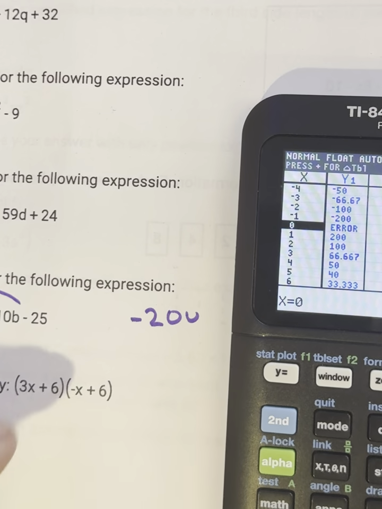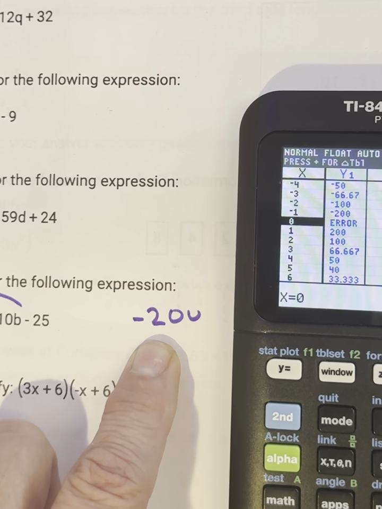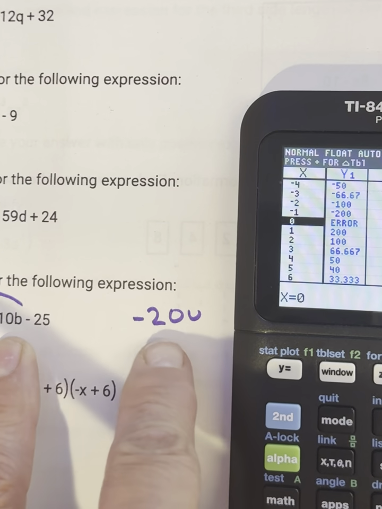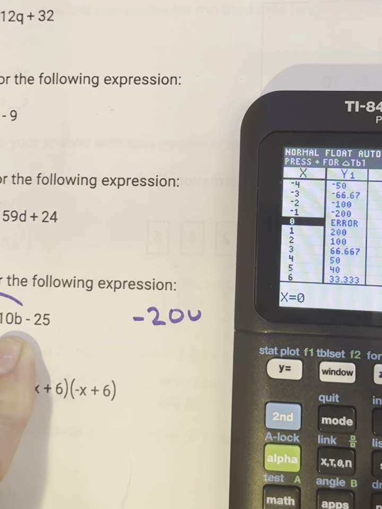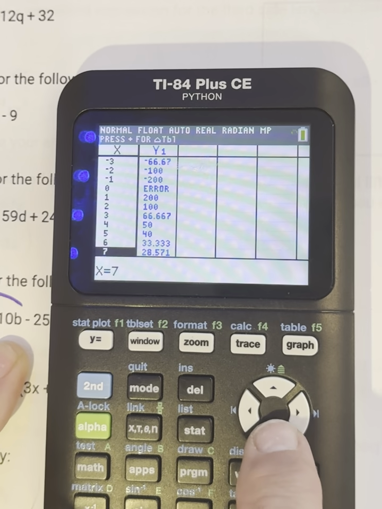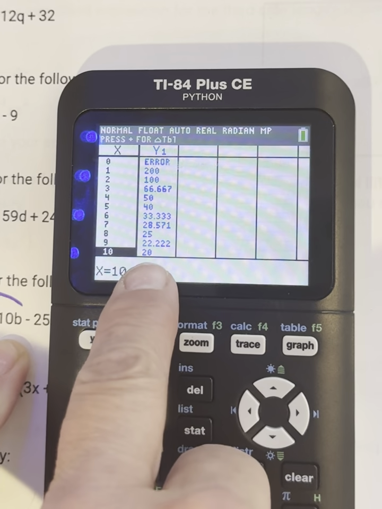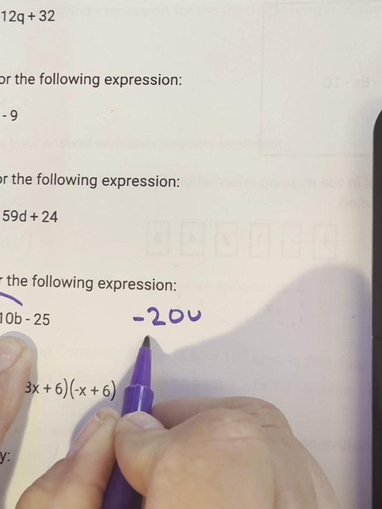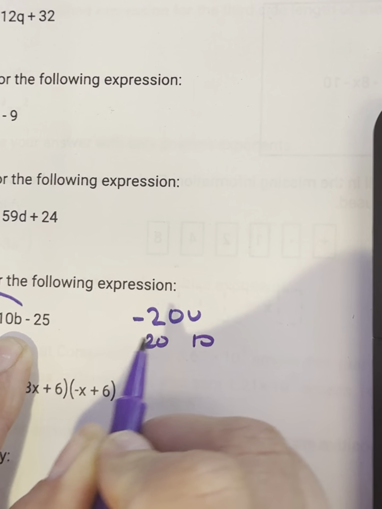So you're looking for whatever multiplies to equal 200 and subtracts, sorry, -200 subtracts to give you 10. And of course I can do that without the calculator, but it would be 10 and 20. So 20 minus 10 gives you 10. So your factors are 20 and 10.